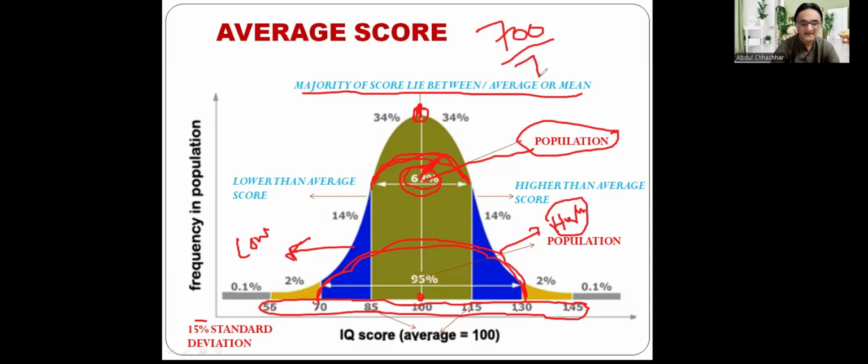That will give you how much? That's 100. So that's the average IQ level of the population. And at an average level, 68% fall from 85 to 115, and from 70 to 130 is 95%. I'm sure this information will help you to answer the question related to the IQ level.